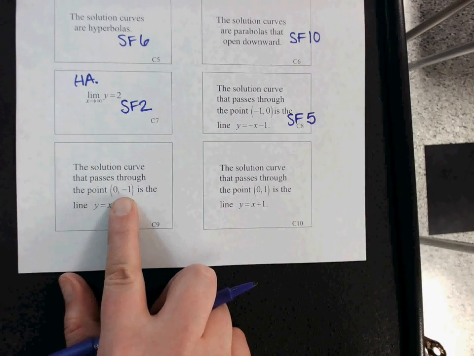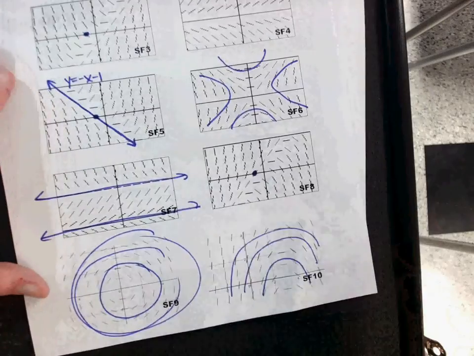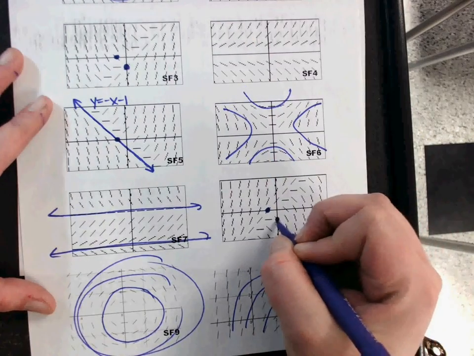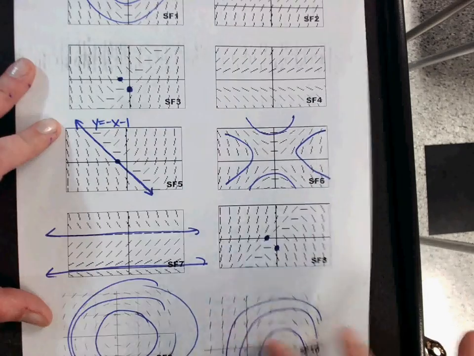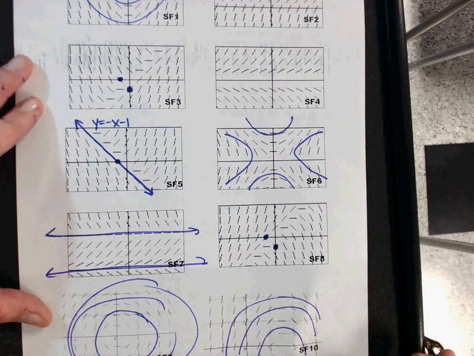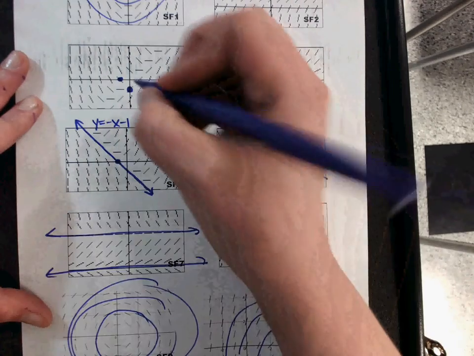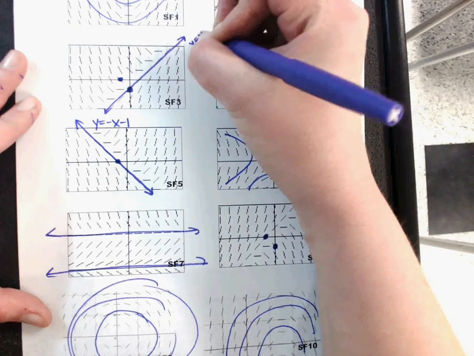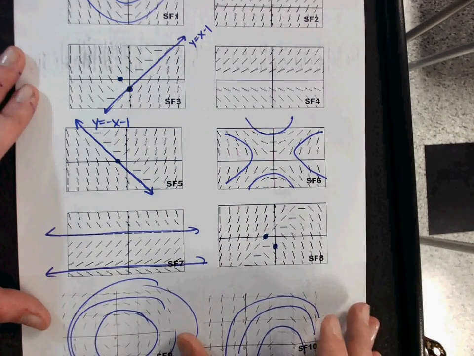Then for this next one, I want 0, negative 1, and I want it to pass through x minus 1. So 0, negative 1 would be here, 0, negative 1 would be here. Which of those gives me the line x minus 1? Slope field 3 or slope field 8? Slope field 3. That's y equals x minus 1.